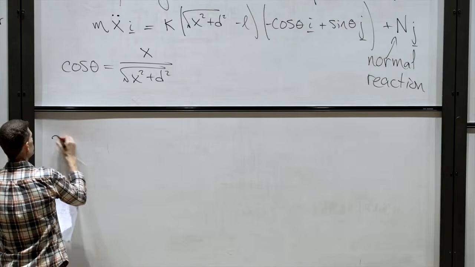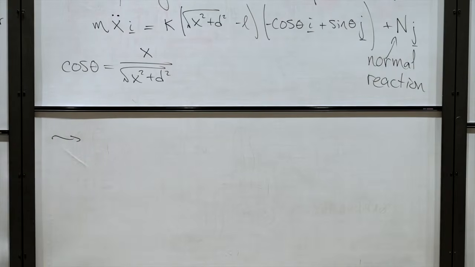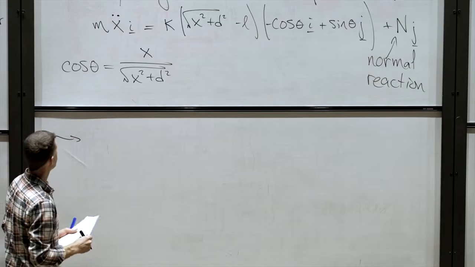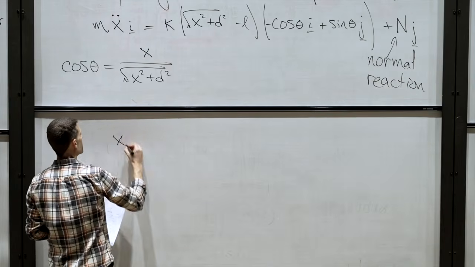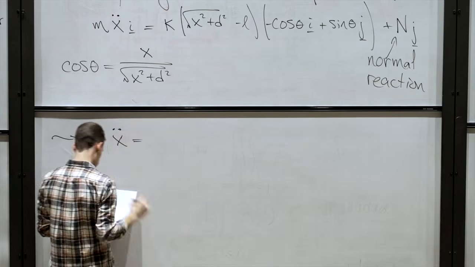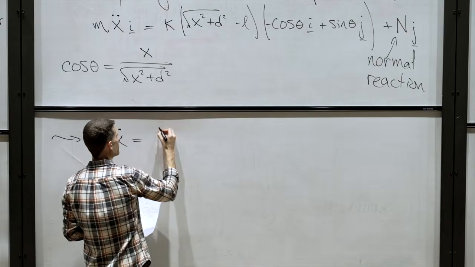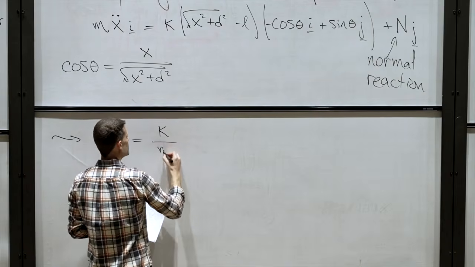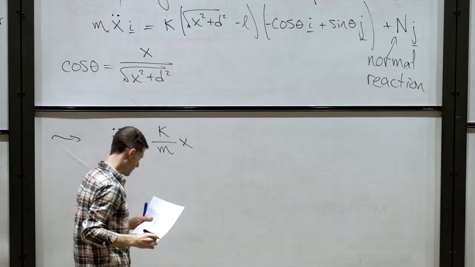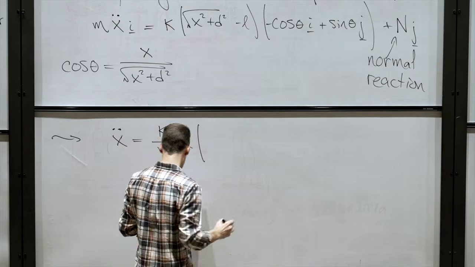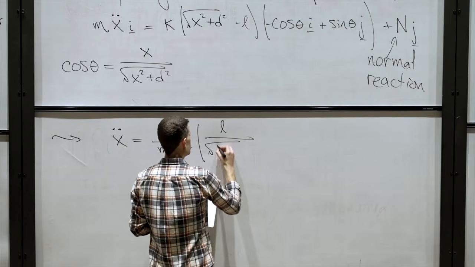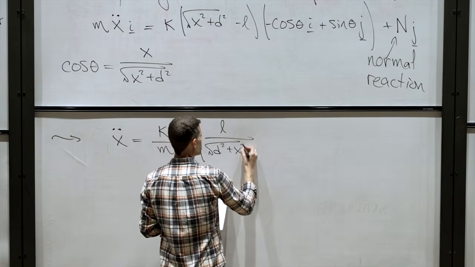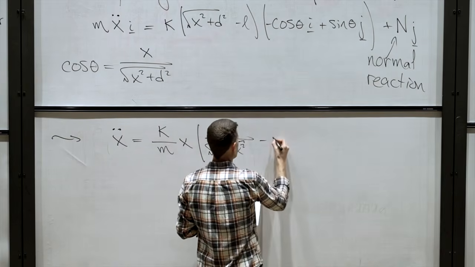But I'm just going to put a couple of algebraic steps hidden here. It's not too hard. If you shuffle things around, you get the following. x double dot is k over m, so I'm going to bring the m to the left side, k over m times x times L over root d squared plus x squared minus 1.